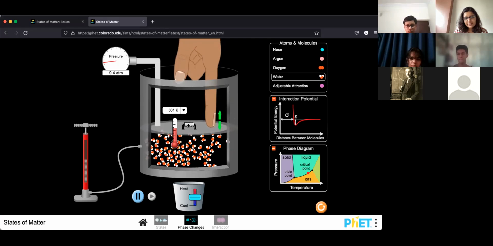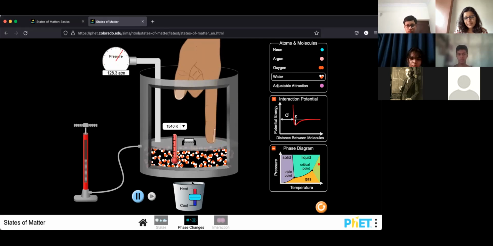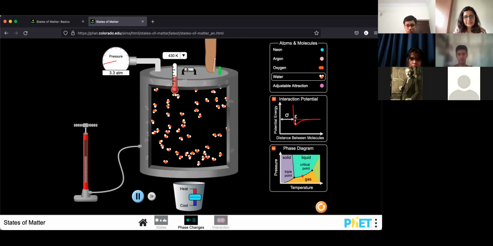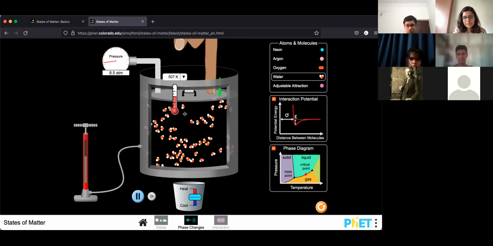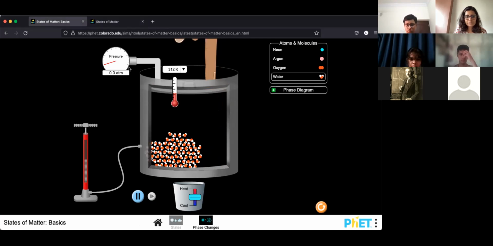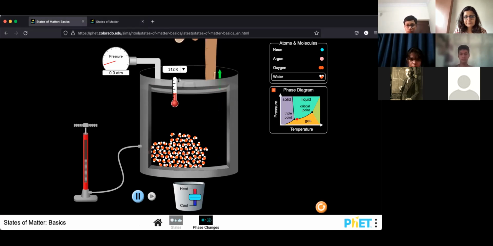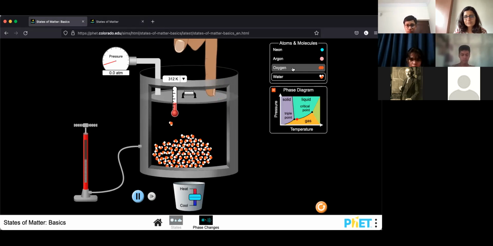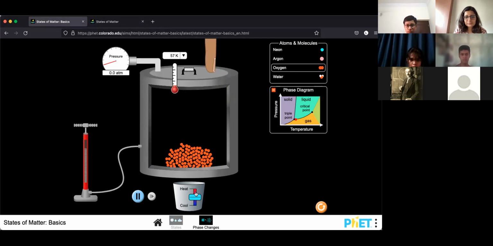When I increase the pressure on it while trying to keep the temperature the same, I'm not able to control both of them independently.